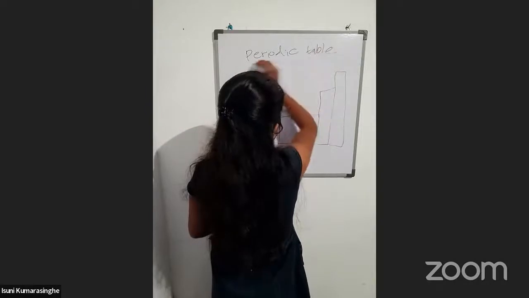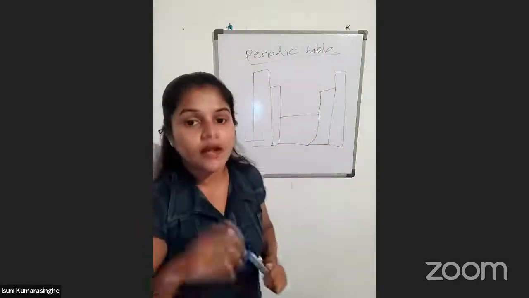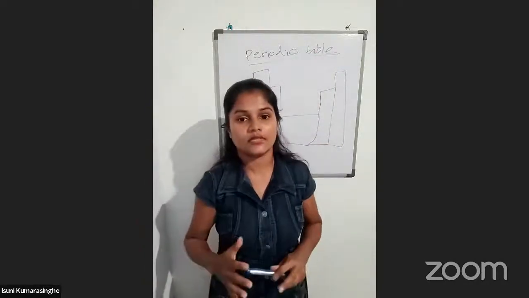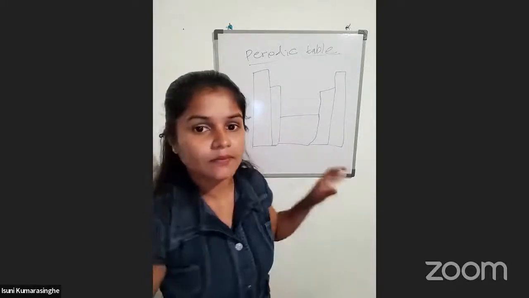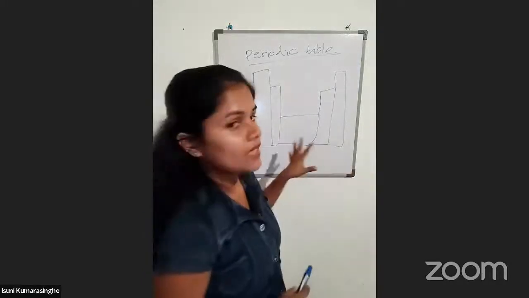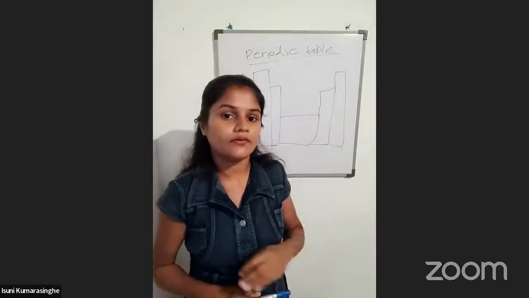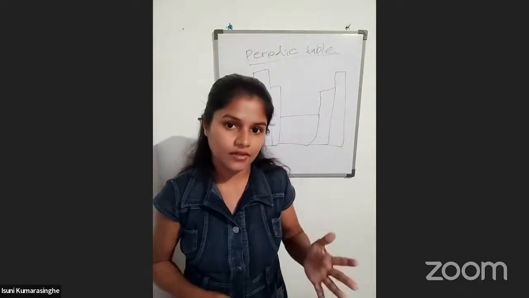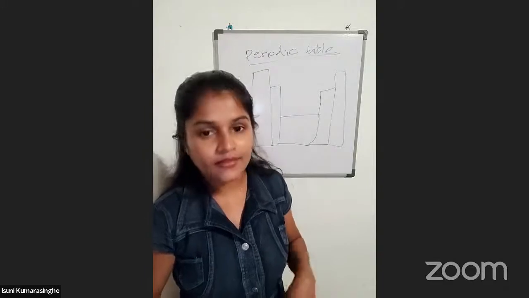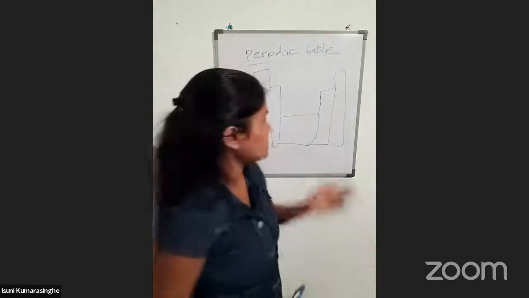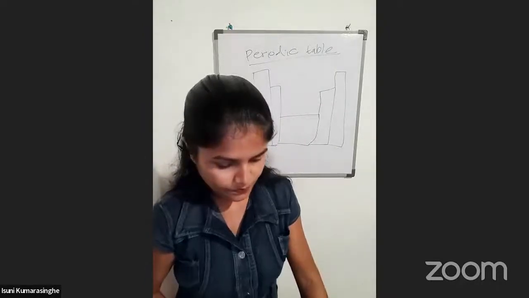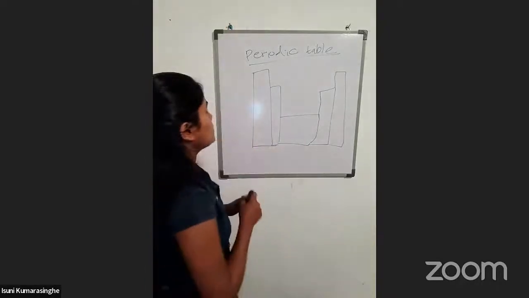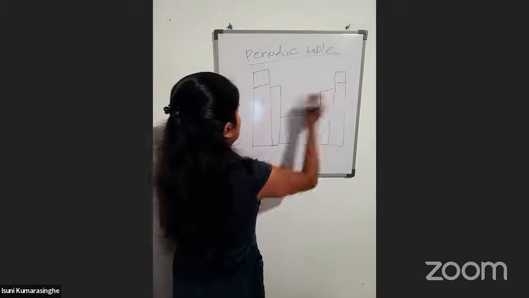In chemistry, the periodic table is the heart of chemistry. All the elements are included in the periodic table in a proper manner. So we have to study well. We have to understand all the elements with their characteristics and properties when we study the periodic table correctly. There are rows and columns like this one.